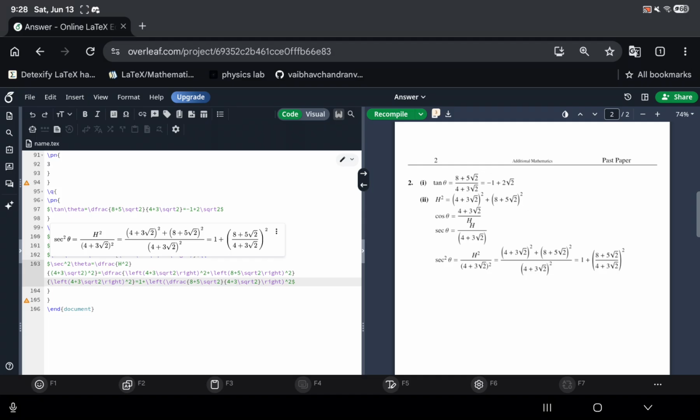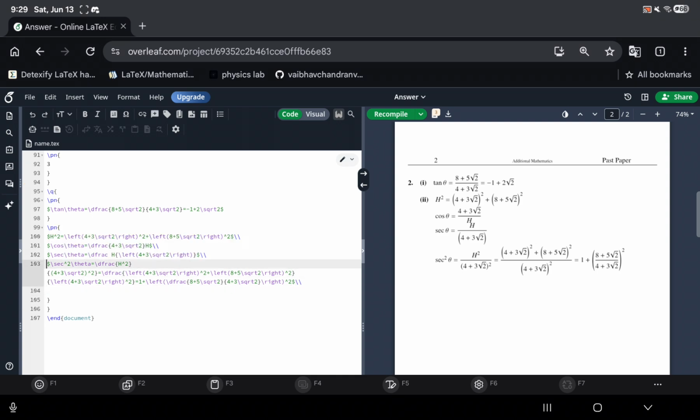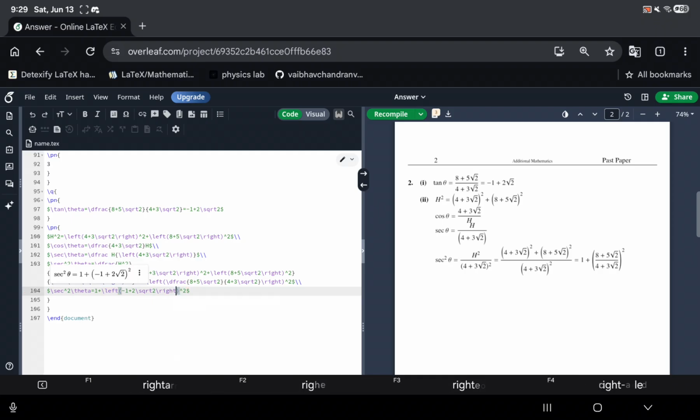We can now use a calculator to find that this value is precisely tangent of theta, which is equal to 1 plus 1 minus negative 1 plus 2 square root of 2 squared, right?